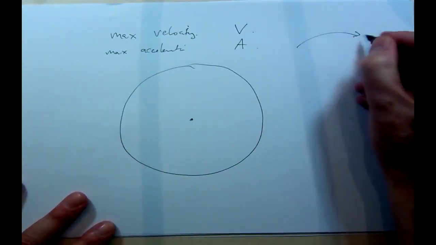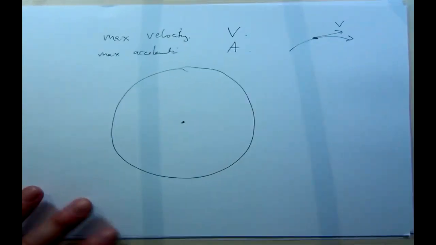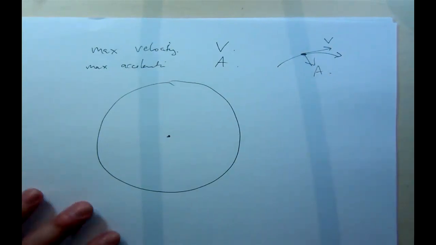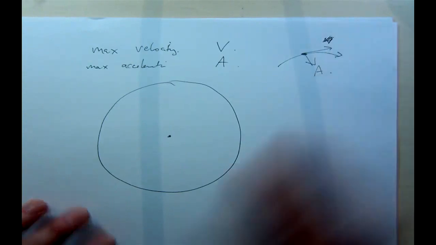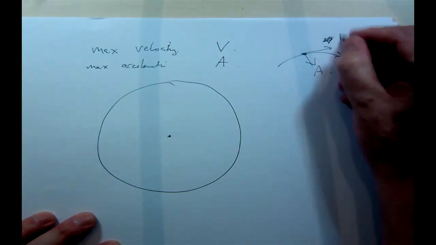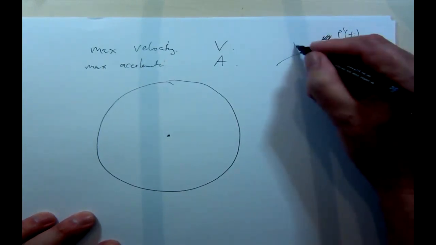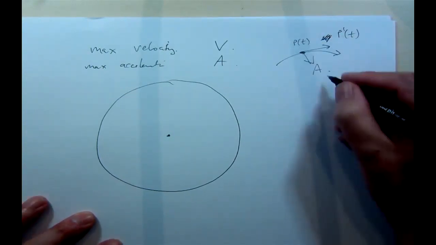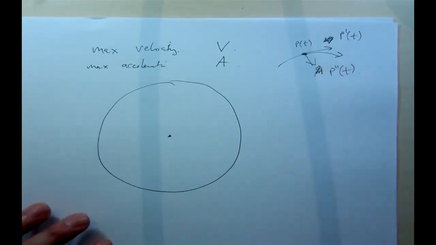And then what happens is, when the robot's traversing a path at any given point in time, it has a certain velocity, which is a vector, and it has a certain acceleration, which is also a vector. Sorry, its position is p of t, its velocity is the derivative of that with respect to t, p prime of t, and its acceleration is the second derivative.